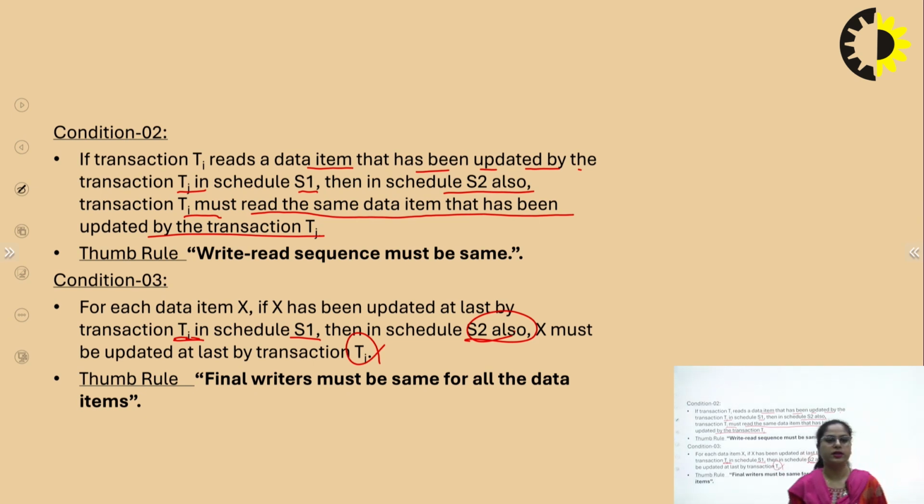For example, if the final write is performed by T3 in schedule S1, then in schedule S2 also the final write must be performed by T3. These are the three conditions for checking whether a schedule is view serializable or not.